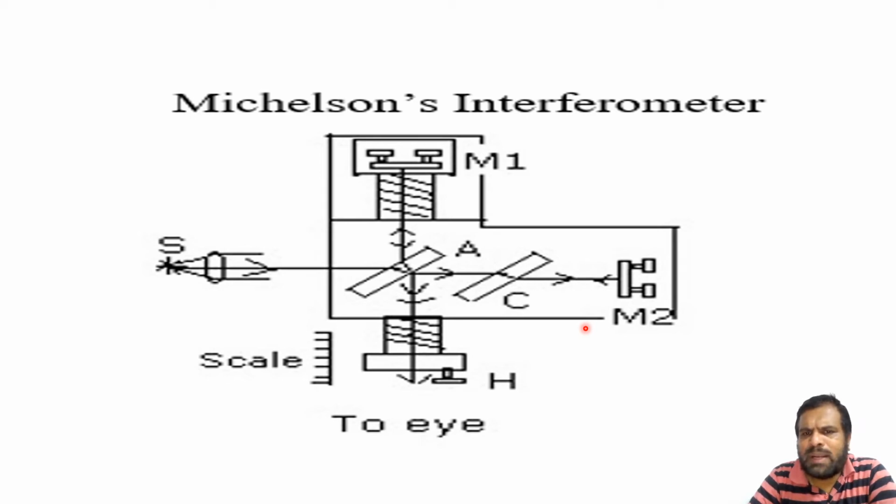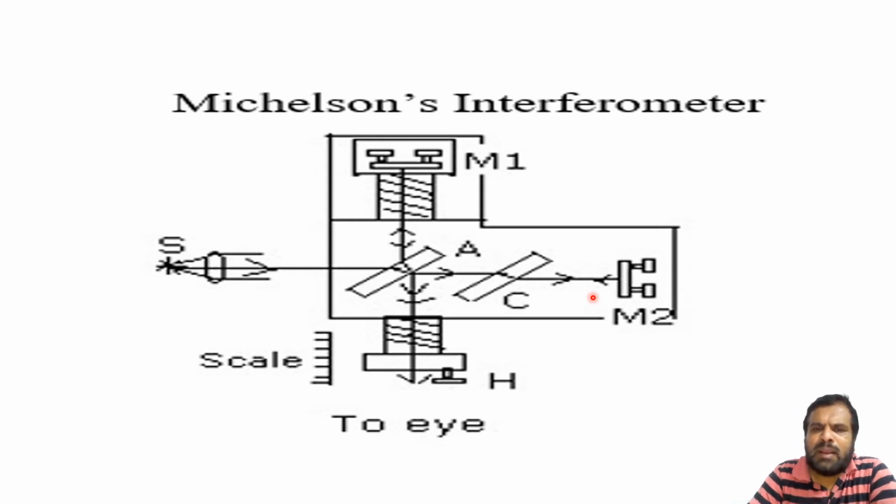The two mirrors M1 and M2 have a very narrow thin film. When the arms of M1 and M2 are equal, that means they coincide, the film will appear dark. When M1 and M2 have some finite distance of path, they give circular fringes.